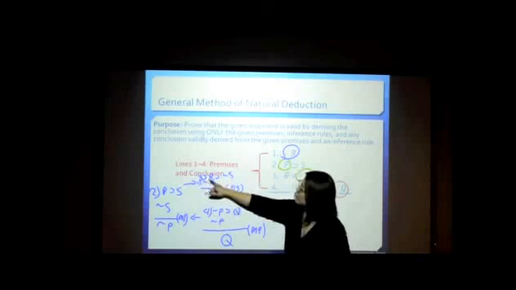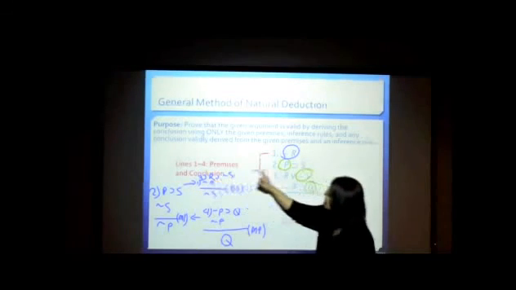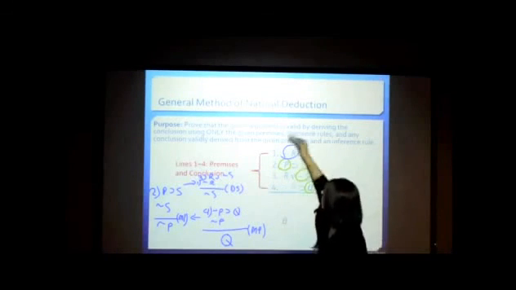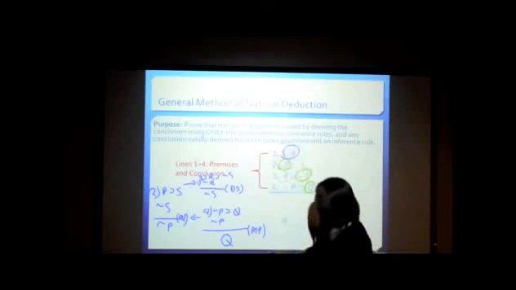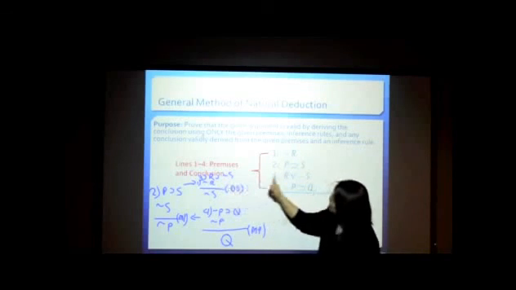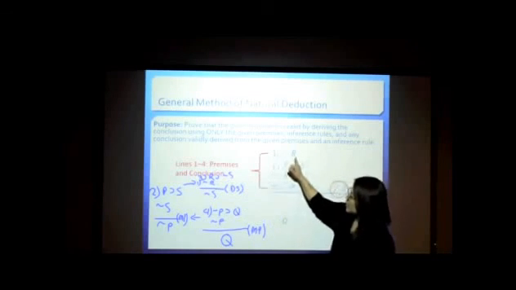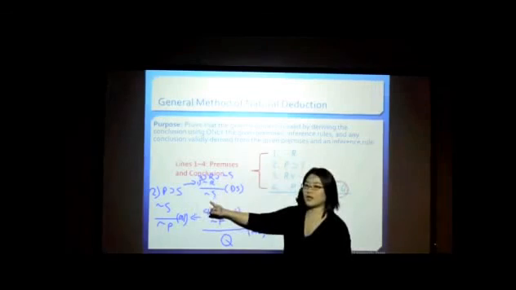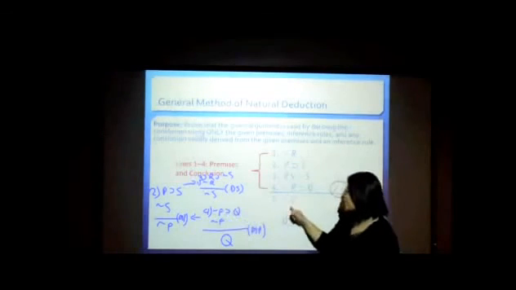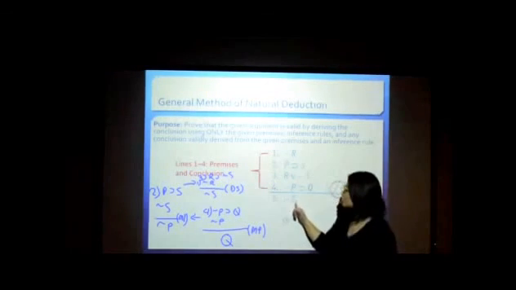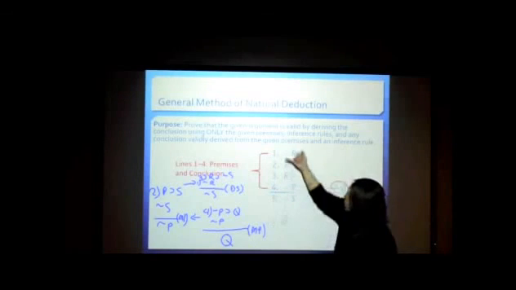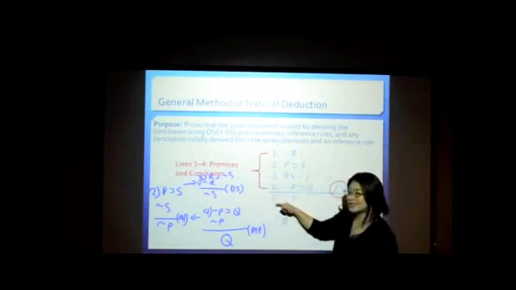So here we've used premise 3, along with premise 1, in order to conclude not S. So I'm going to put not S as my conclusion for line number 5, so 1, 2, 3, 4, my next line is 5.